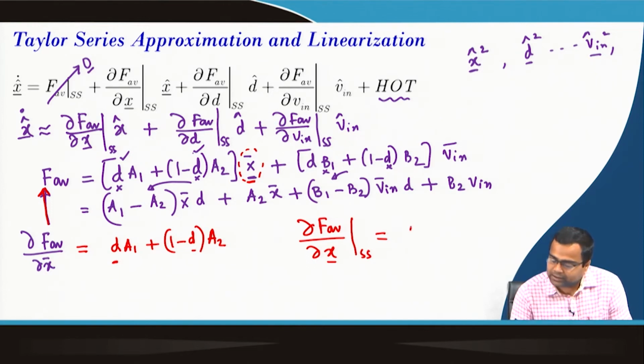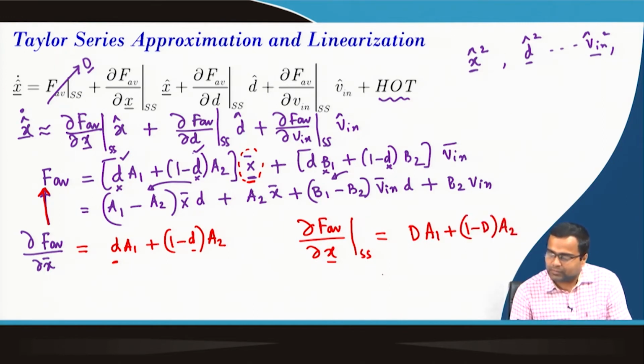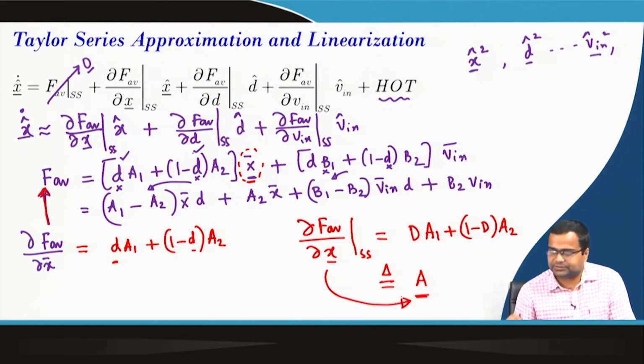So, it will be d into A1 plus 1 minus d into A2, and this we represented as the A matrix.